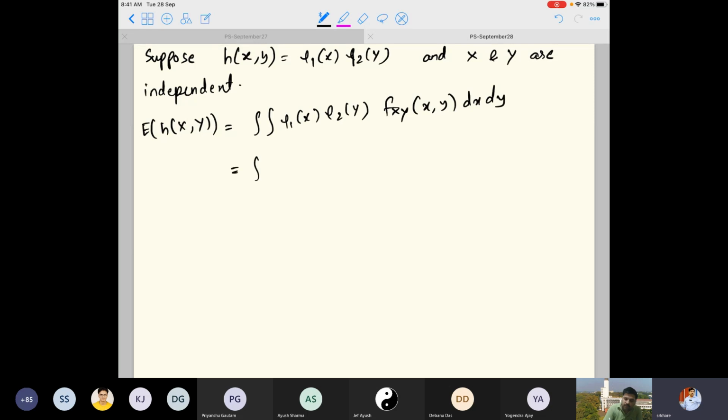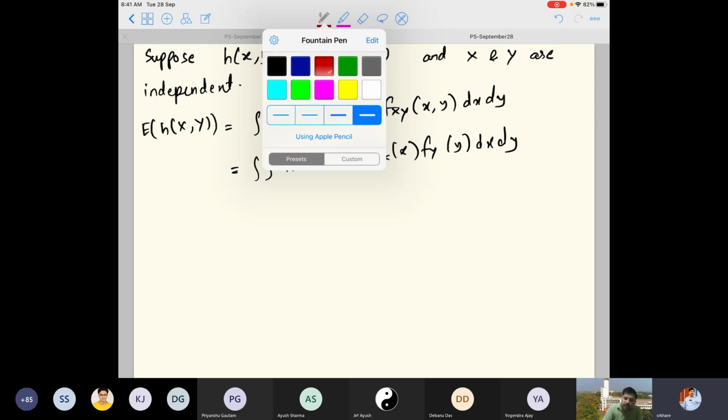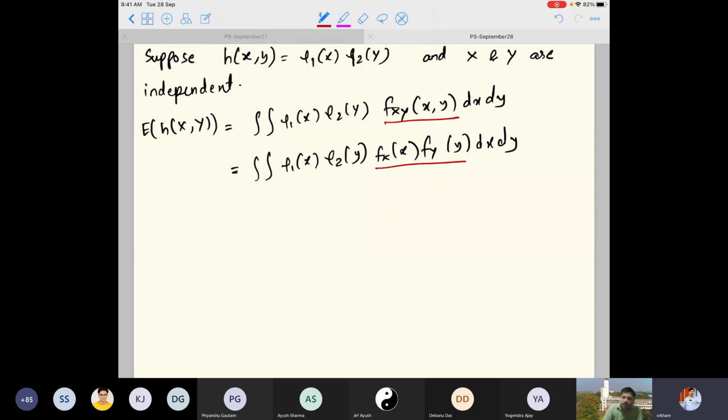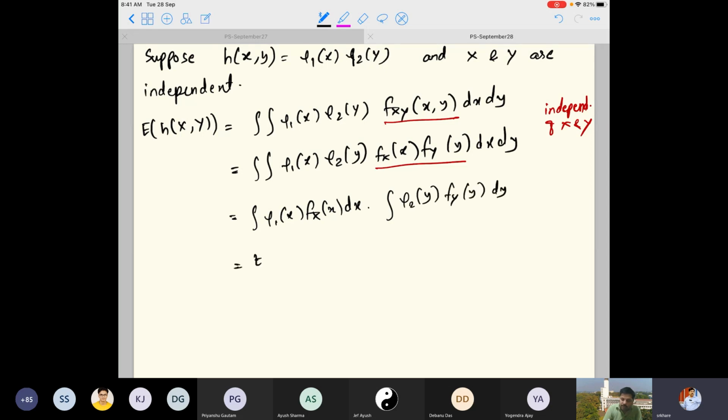This will be phi 1(x) phi 2(y) f_X(x) f_Y(y) dx dy, because of independence of X and Y: the joint is written as a product of marginals. Once you know that, you can write the integral of phi 1(x) f_X(x) dx times the integral of phi 2(y) f_Y(y) dy, and this is nothing but the expectation of phi 1(X) into the expectation of phi 2(Y).